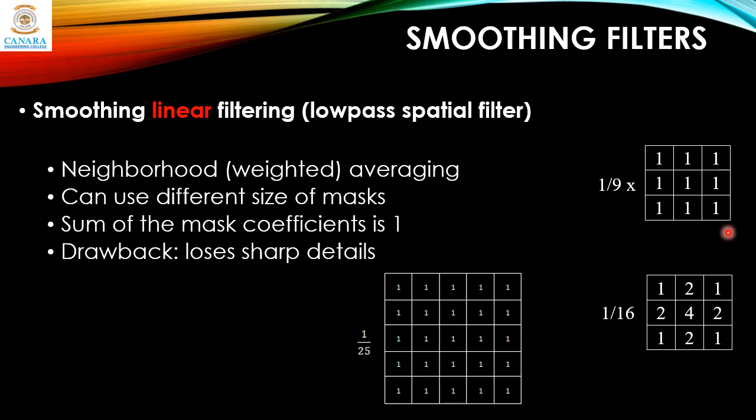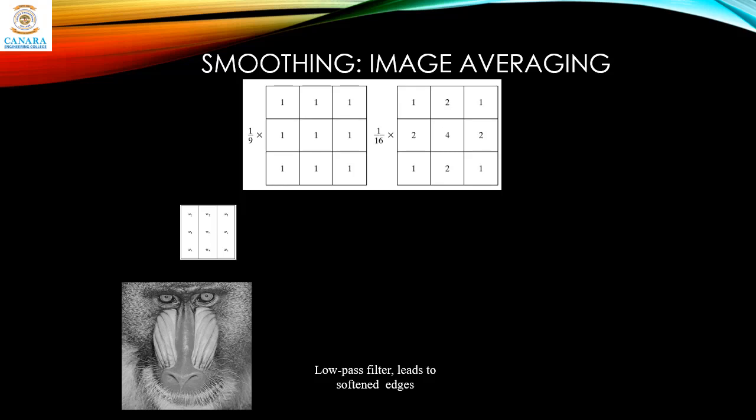And the drawbacks, as we discussed earlier, it loses sharp details or edges. So here we'll see the working of it. This is a normal averaging filter, moving average filter, or a weighted average filter.